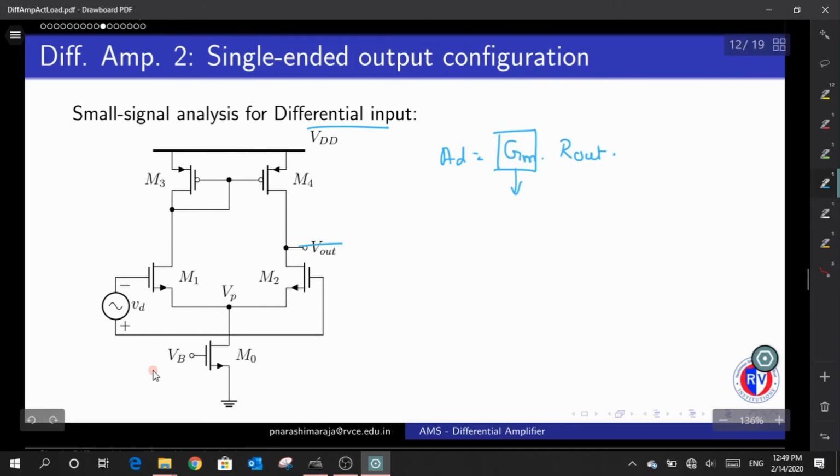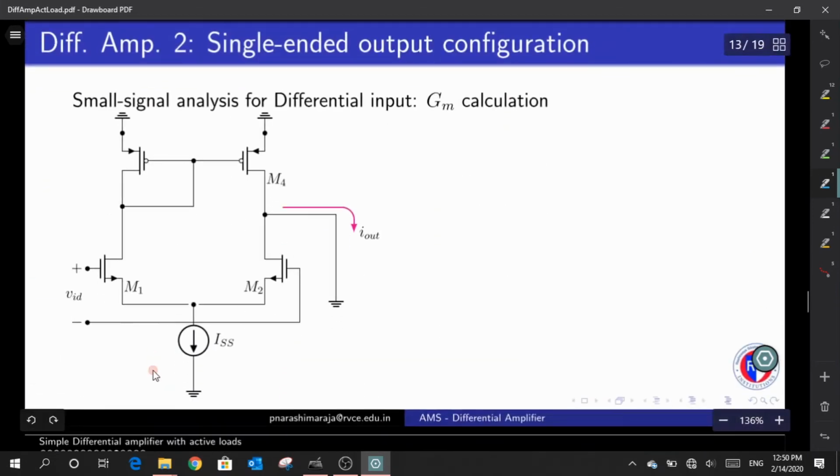The very first condition is that the output has to be shorted, and look for the current I out whenever I have this VID, or Vin, applied to the structure. The similar structure has been replicated here, and I have my VID. Right now the question is whether the circuit is symmetric, so that we can apply all those results that we have got.